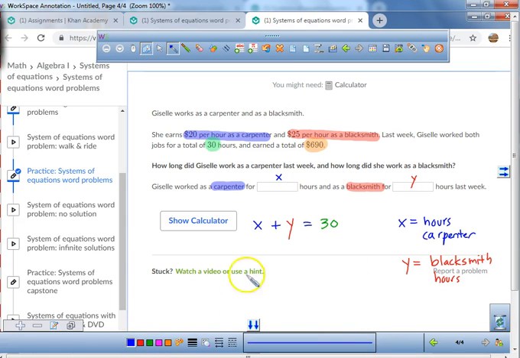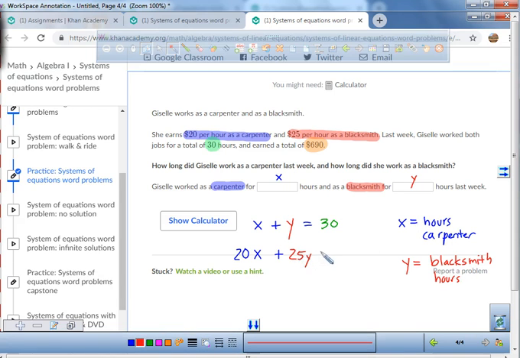Now, every single hour she works as a carpenter, she gets paid how much money per hour? 20. Right, 20 per carpenter. And then how much money as a blacksmith? She gets 25. And she made a total amount of money, 690.